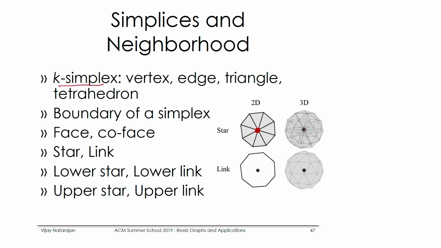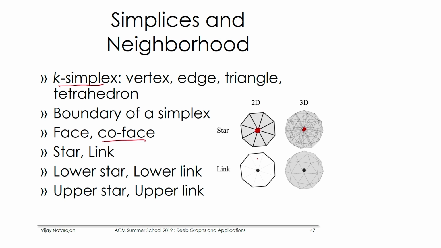The same holds in 3D: all vertices, edges, triangles, and tetrahedra that contain the vertex. These are called cofaces, if you want to look at the definition. So this is the star neighborhood of a vertex. The link neighborhood of a vertex is defined as the boundary of that star.